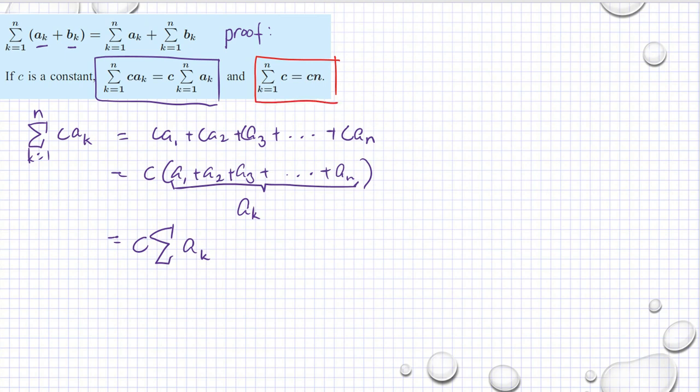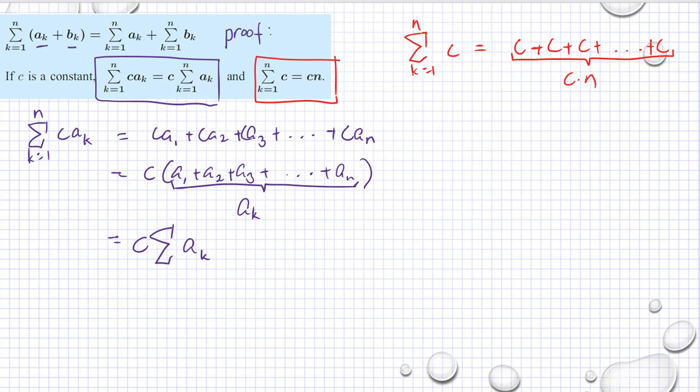Another property is this one, and we can give a proof also. We have the summation of c, where k is equal to 1 up to n. We have c plus c plus c plus up to the nth term of c. As you can see, this is c times n.